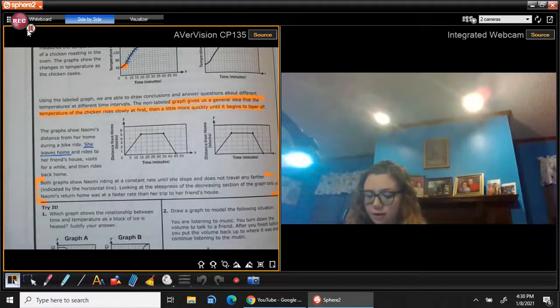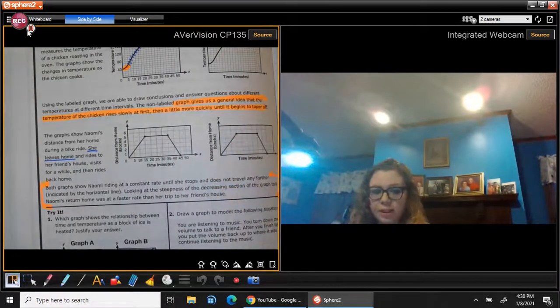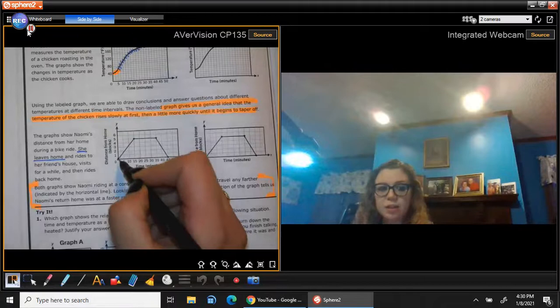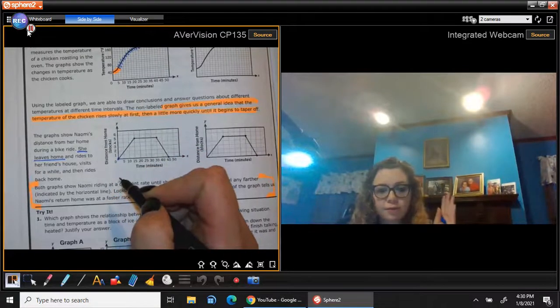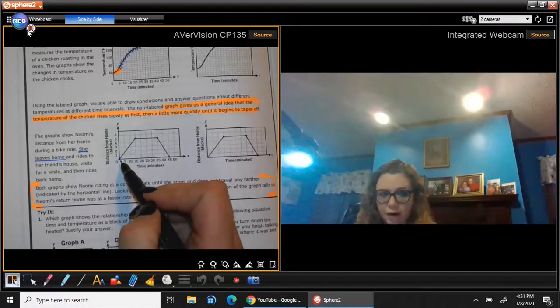If we're looking at the distance from home in time, where's the starting part? Where's your y-intercept going to be? It's going to be at 0, because when she starts off leaving from home, she's at home. She's 0 distance from home. So she's going to start right here.